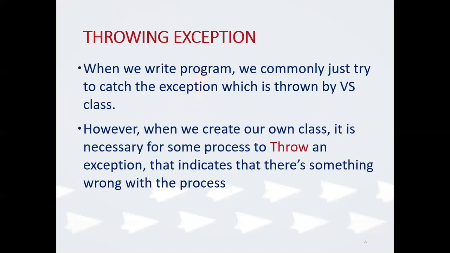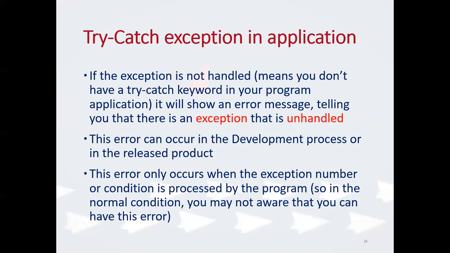Good. Now in here, we want to learn how we can throw exceptions. We have learned before that when there is an exception, we need to handle it properly. Otherwise, it will give us an unhandled exception.